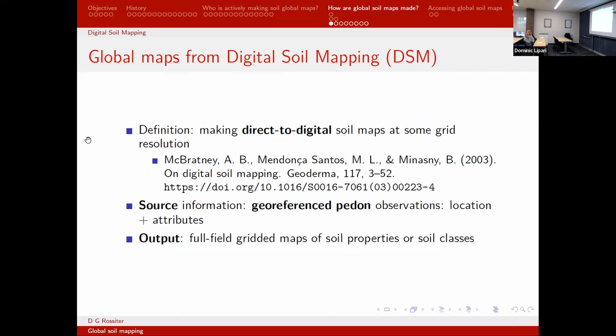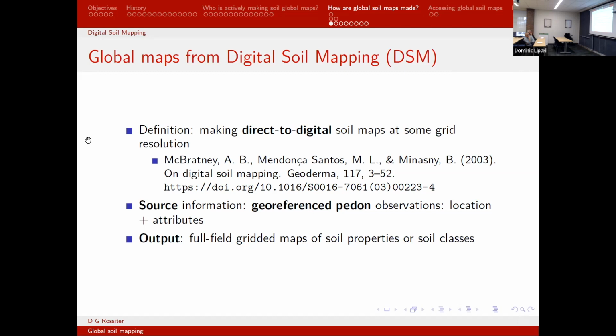This idea was kicking around the late 1990s and 2000s, and then codified in this very good paper that really laid out the whole landscape by Alex McBratney and Mendonça Santos, who's from Brazil, and Budiman Minasny, who's Indonesian, but he's been a professor in Australia now. So he was on sabbatical in Australia. They worked this out.